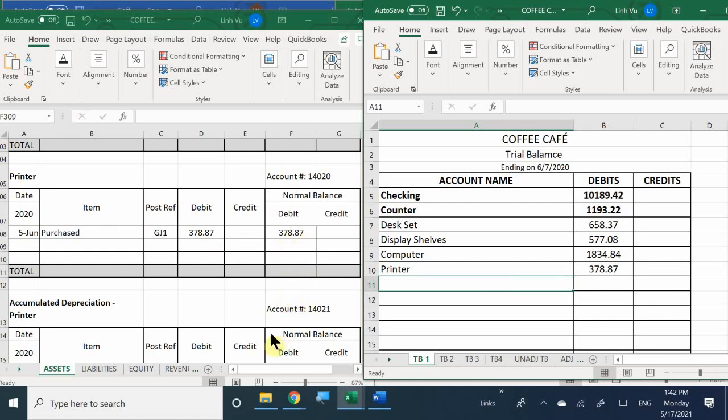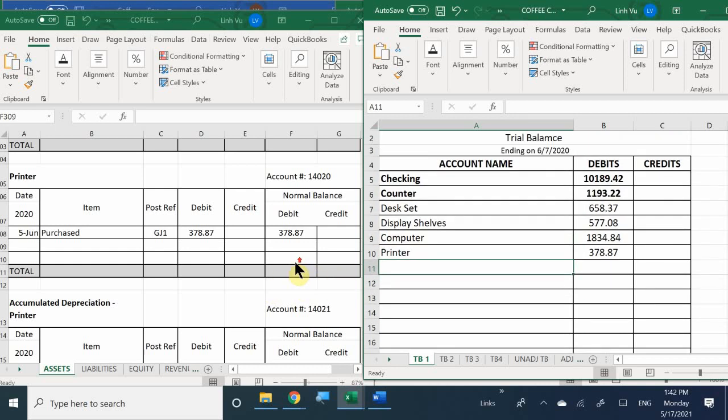Now, if you do cell reference, be very careful which cells you reference because you don't want to grab a wrong one, and every time you enter in a new transaction, it may change the number there. So you want to be careful which cell that you do reference. So I would, if I were to reference it, I would choose that very line for that June 7th date versus the one on the gray, because the gray will definitely change over time.